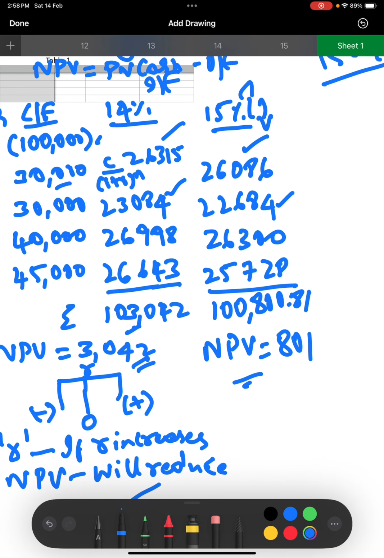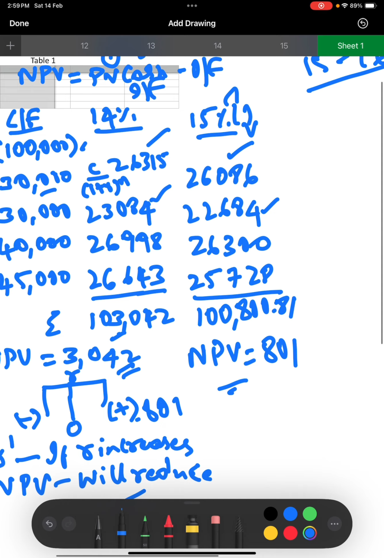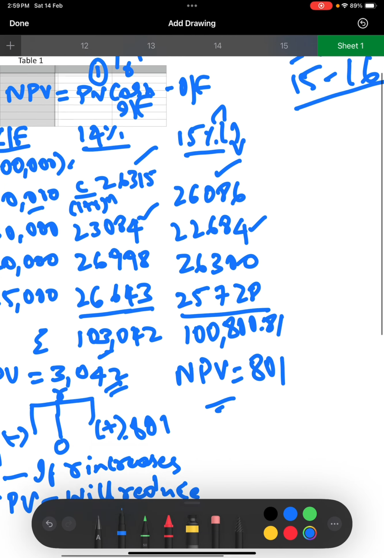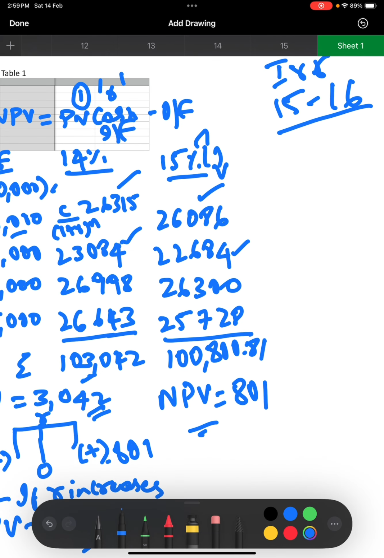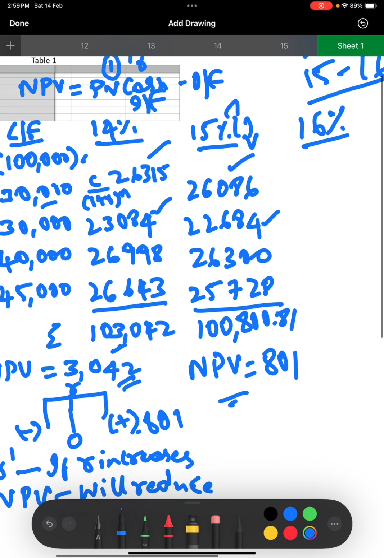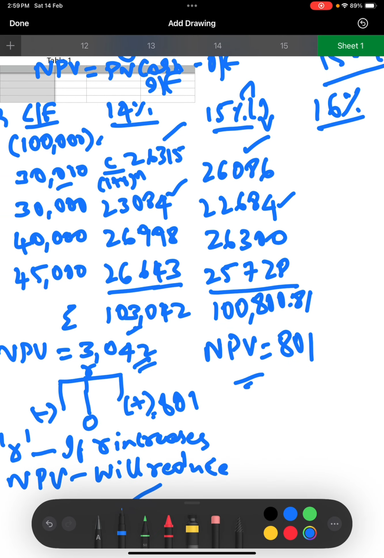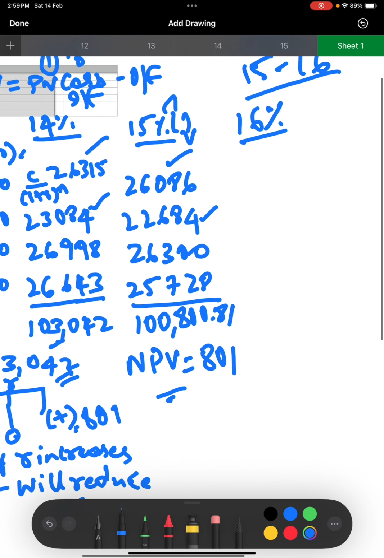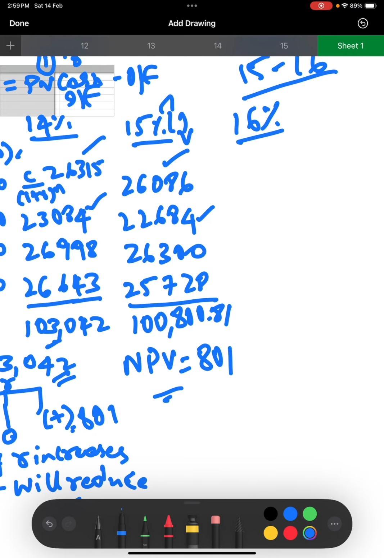So we are assuming that this positive value, 801, is closer to 0. So the next one, 16%, is going to be negative, because if this is the closer value to 0, then of course the next should be the negative value. So let's cross verify that.